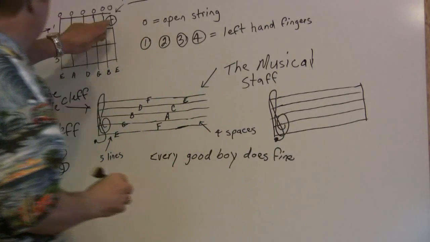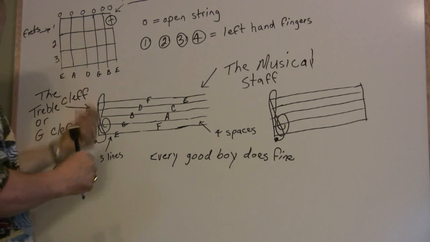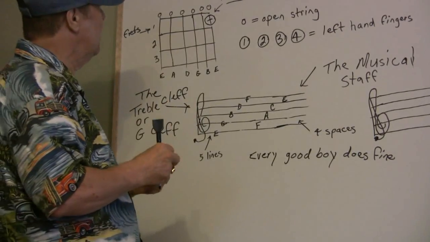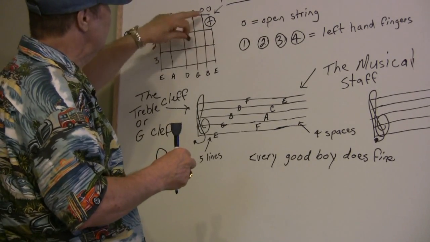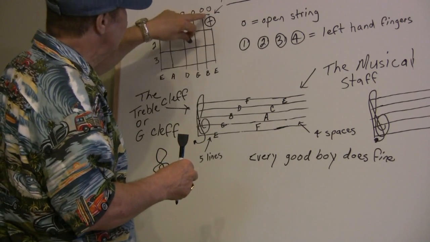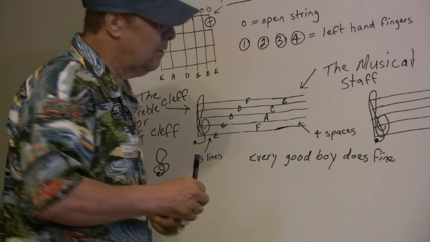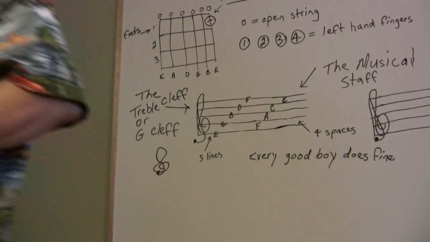Now that first note that we're playing, let's do the open string first. If you play the first string opened, that's the little 0 there, first string opened. This will show you that one on the guitar again.